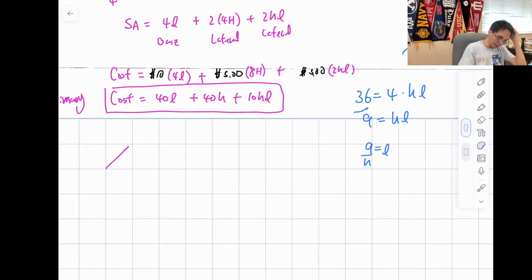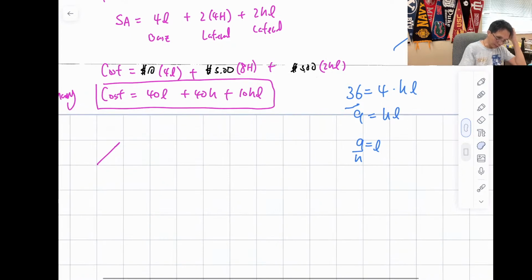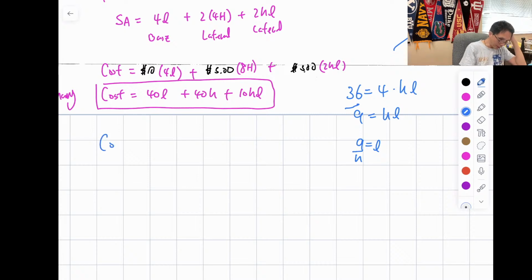So what I'm gonna do is reduce the variable in the cost equation. Which one do I want to keep? So I'm gonna say it's plus 10, and L is going to be 9 over H, so it's H times 9 over H. I'm just doing it at the end.